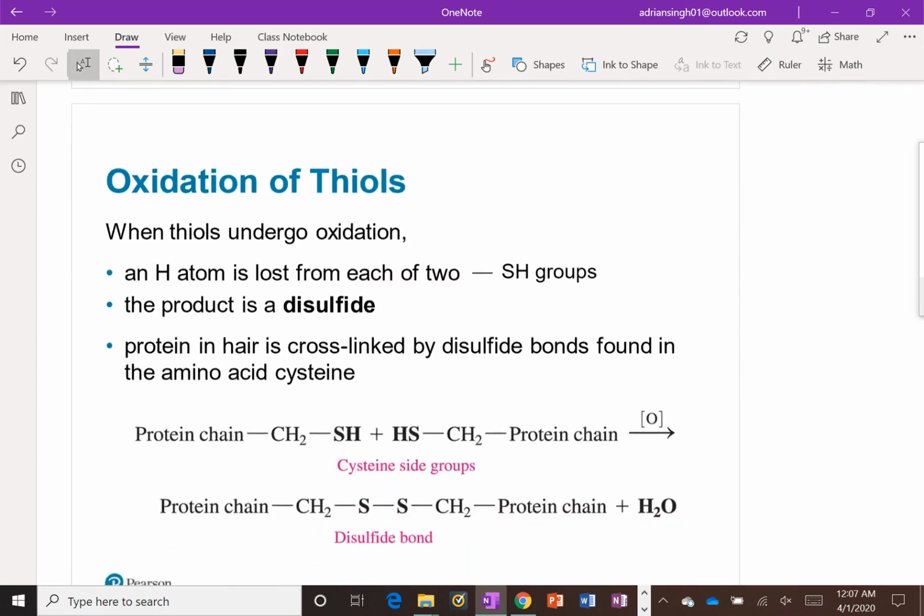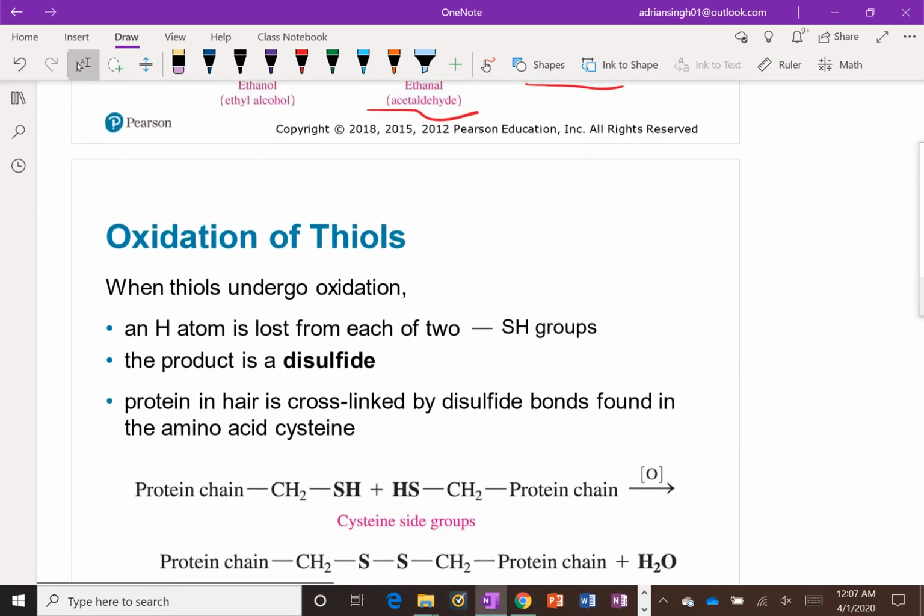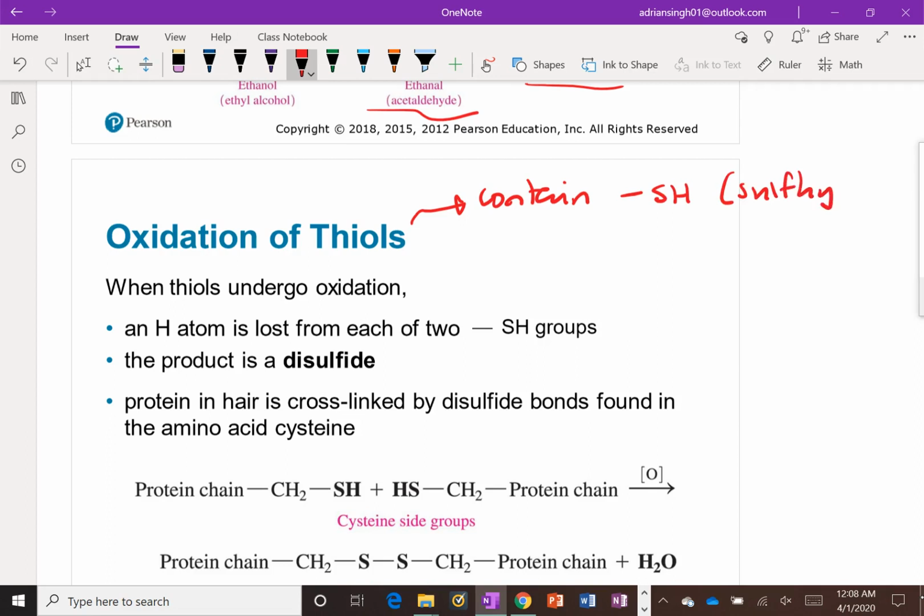If we take a look at the oxidation of thiols, remember thiols are things that contain the sulfhydryl group, the SH. When these undergo oxidation, we're looking specifically at the loss of hydrogens.